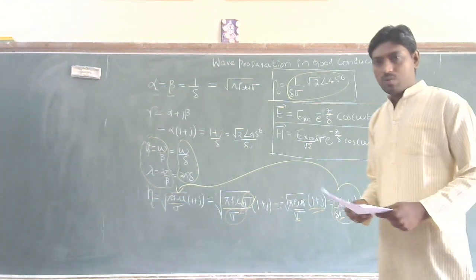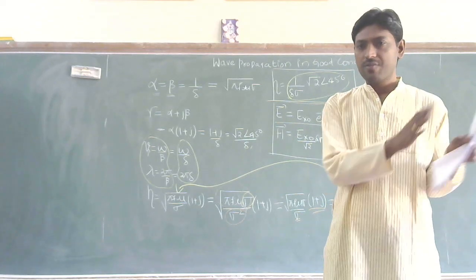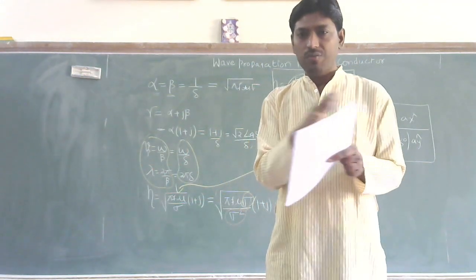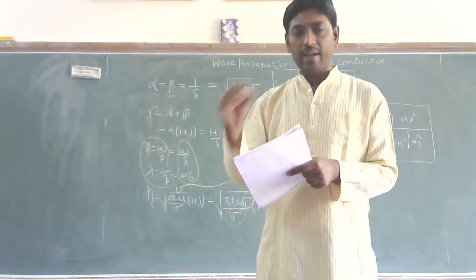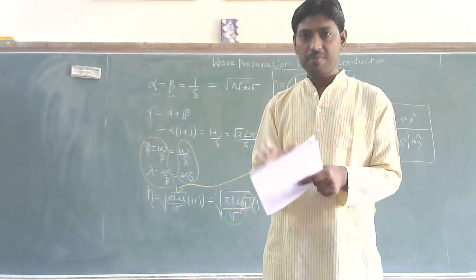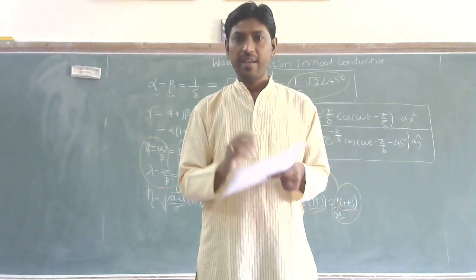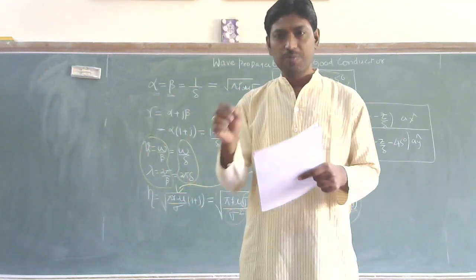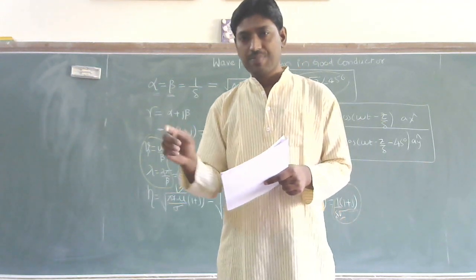So all what we have seen, if I try to summarize: in free space, the wave propagates with E and H fields in phase, without any loss, and with the speed of light. Whereas in a perfect dielectric, the wave propagates in phase but with a reduced speed, reduced by a factor of root of mu r epsilon r.